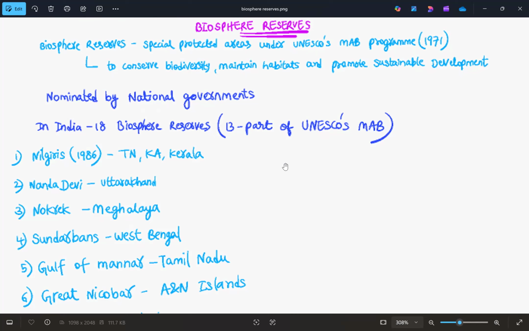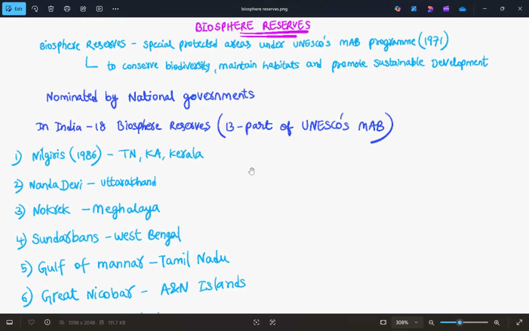So not all 18 biosphere reserves are part of the global network, but only some of them. As of 2025, we have 13 biosphere reserves which are part of UNESCO's Man and Biosphere program. We'll go through the list in two ways: first we'll cover the global network, and then the other reserves that are not part of the network.